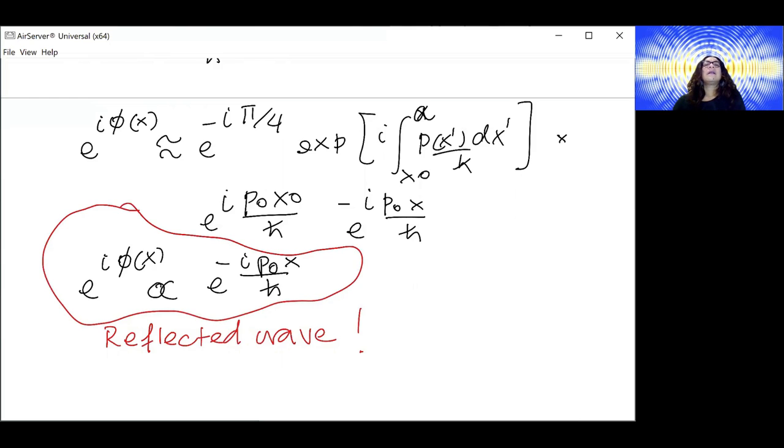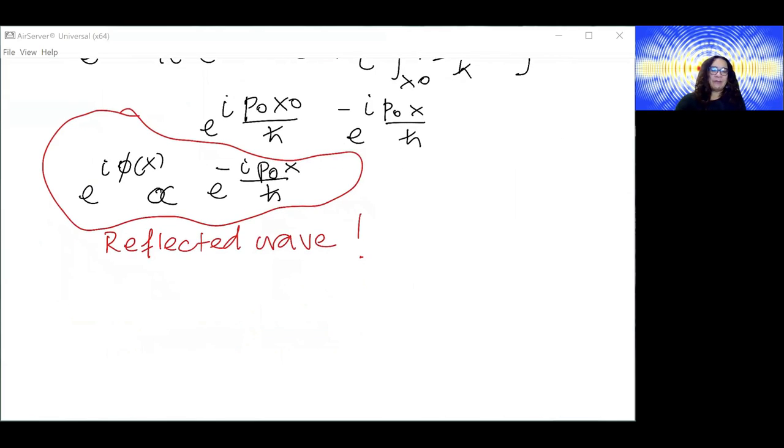Correct? And this is weird, because now we can write the following. We know which one is reflected, and we know which one is incident.